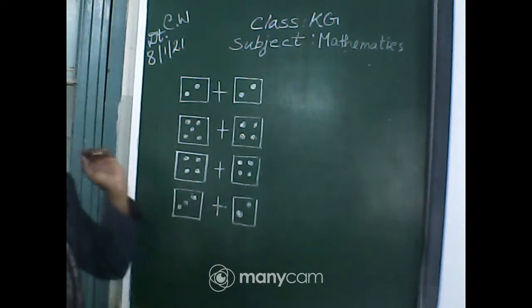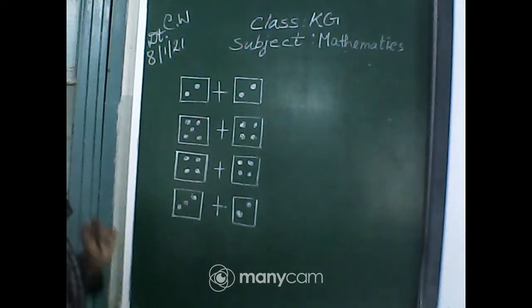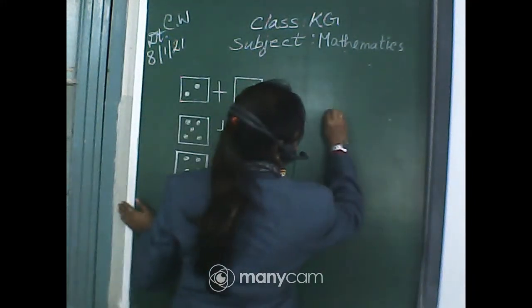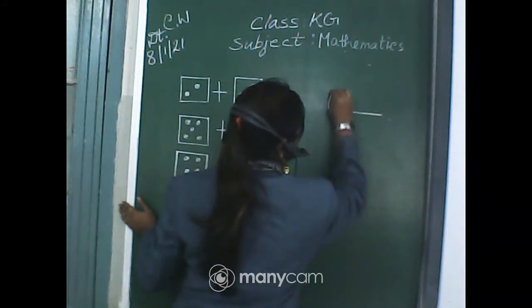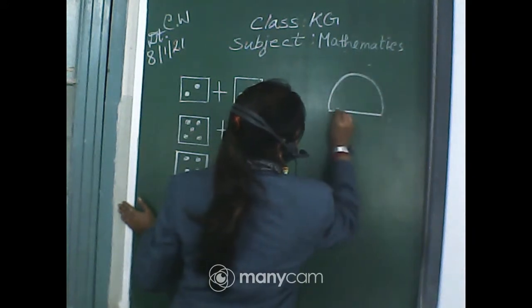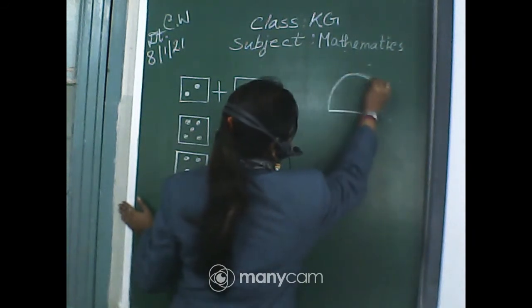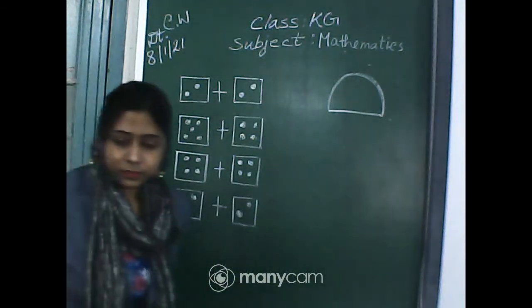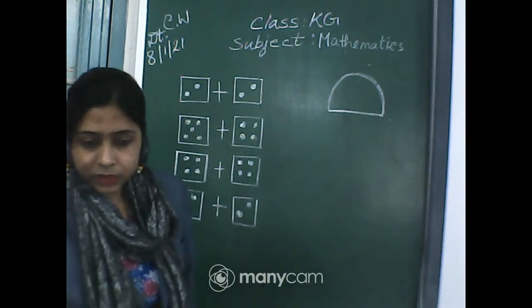Now the turn is the right side. On the right side you will draw. What is the shape? Can you tell me? What is the shape? Tell me, anyone?